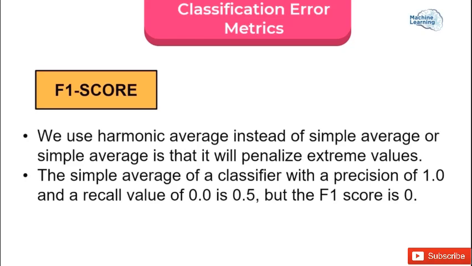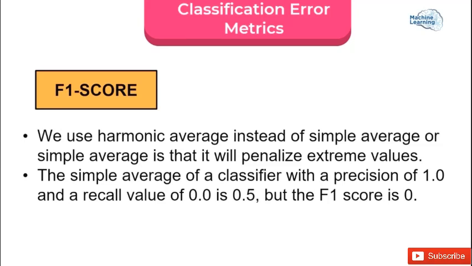For example, if you create a classifier that had a precision of 1, meaning essentially perfect precision, and a recall of 0, meaning essentially the worst recall possible, if you were to just take the simple average of this, then it would be 0.5.